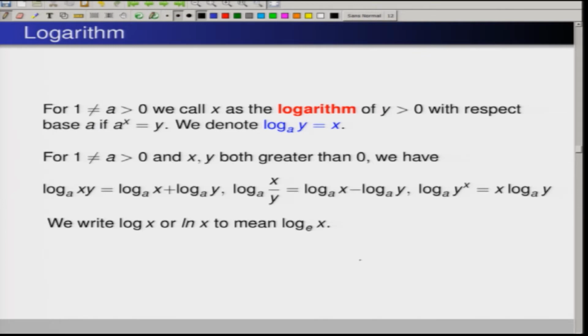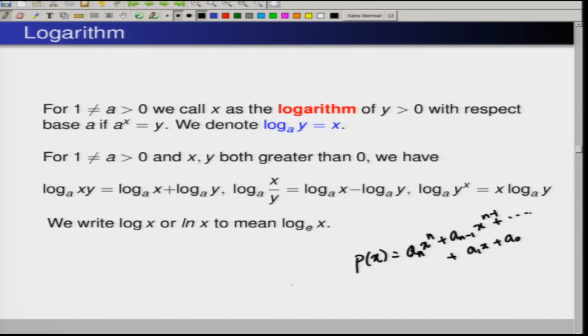Then similarly, from the algebra of functions we can define the polynomial a_n x to the power n plus a_(n-1) x to the power n minus 1 plus dot dot dot plus a_1 x plus a_0, because addition of two functions is a function and multiplication by a scalar is a function.